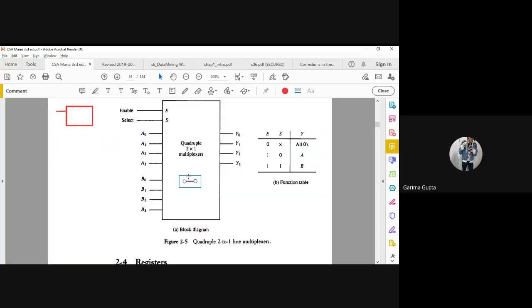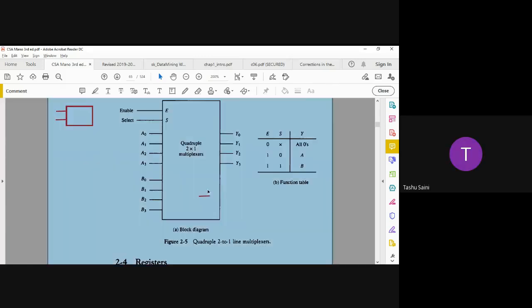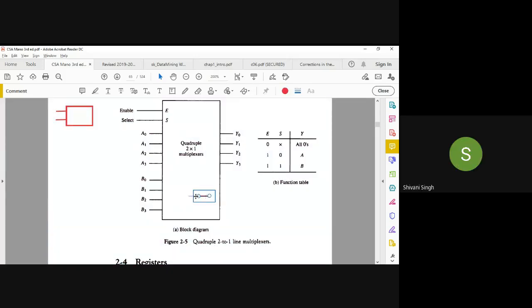One. Yes, ma'am, one. Good. And how many output lines? One again, because a mux always has a single output line in any case, right?